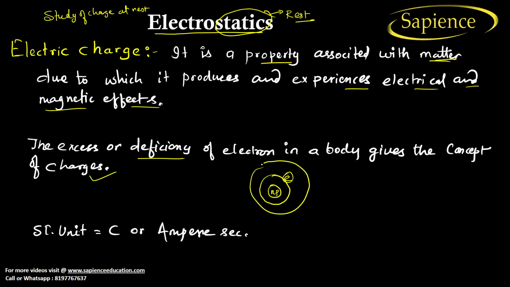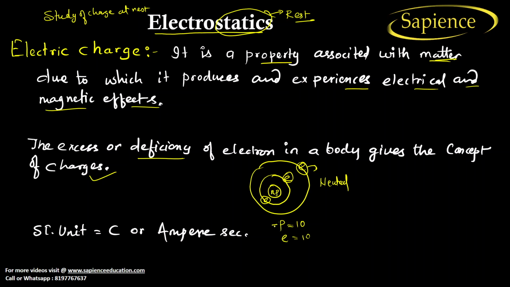So what will happen if I remove an electron? Let us consider it is a neutral atom. In a neutral atom, the number of protons is equal to 10 and the number of electrons is equal to 10.